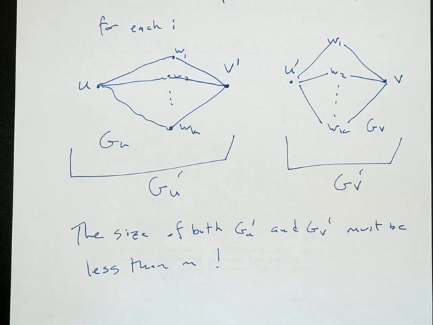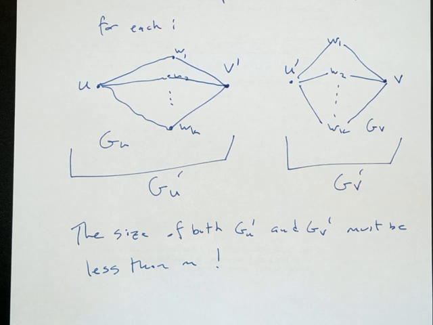Wait a minute. That means there's an internally disjoint path from U to W1 and W2 and WK. And that means there's an internally disjoint path over here from V to W1 and WK, aren't they? Glue them together.